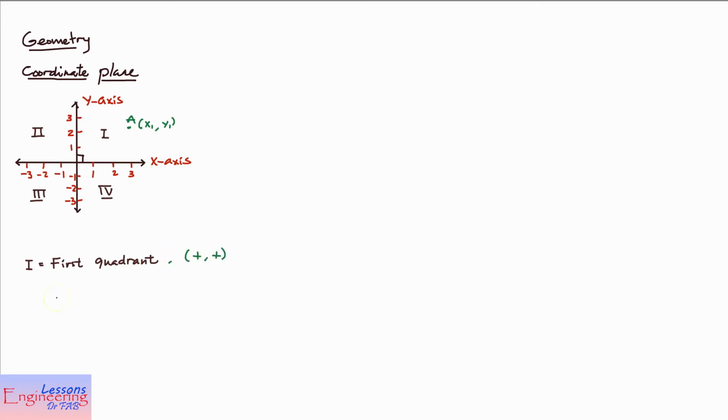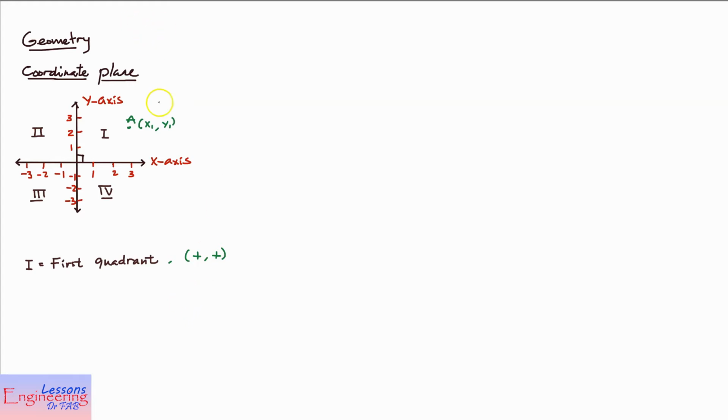The x entries, the first entry, are called abscissa, and the y coordinates are called ordinate. So the abscissa is always positive and the ordinate is always positive in the first quadrant.